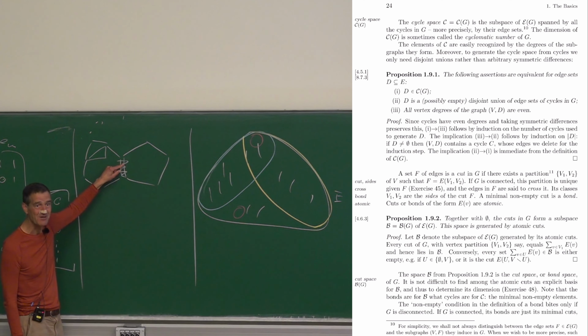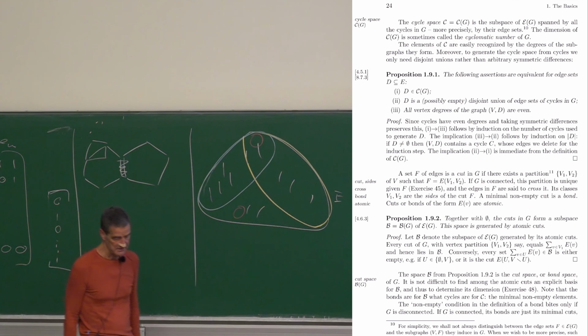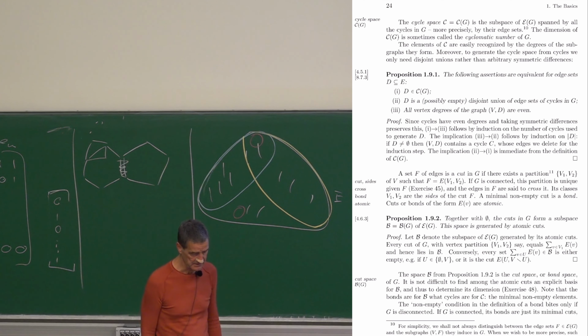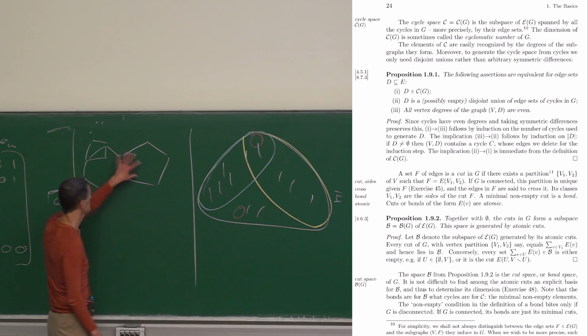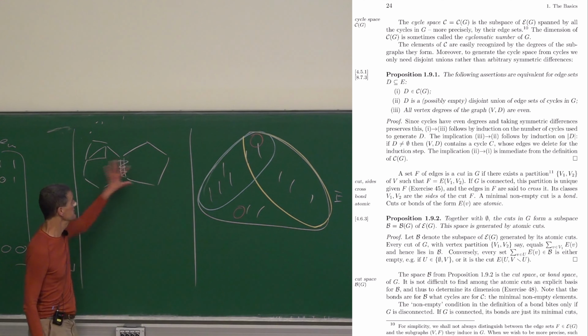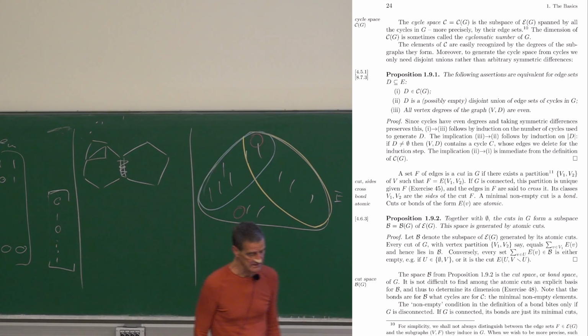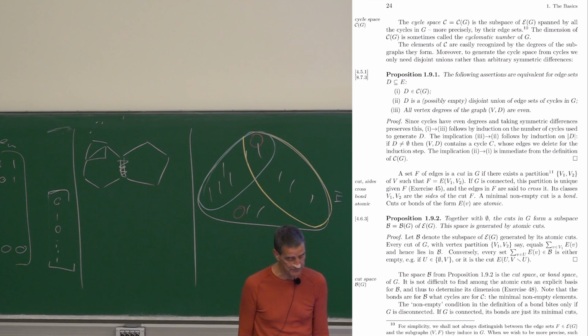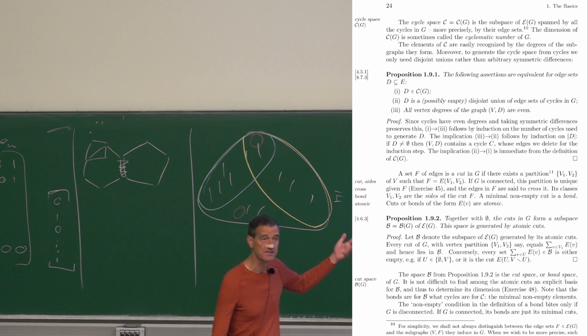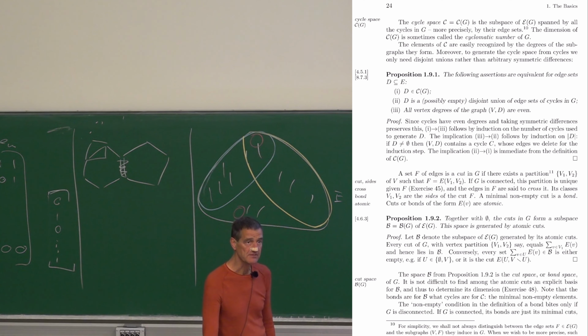That's why we deleted it, because it's in the symmetric difference, and therefore we're losing 2 by deleting it. So we preserve the parity, and since both these parities were even, the sum of these two parities is even, and then after deleting, it will still be even. Okay, so we've proved that every element of the cycle space induces even degrees at all the vertices.